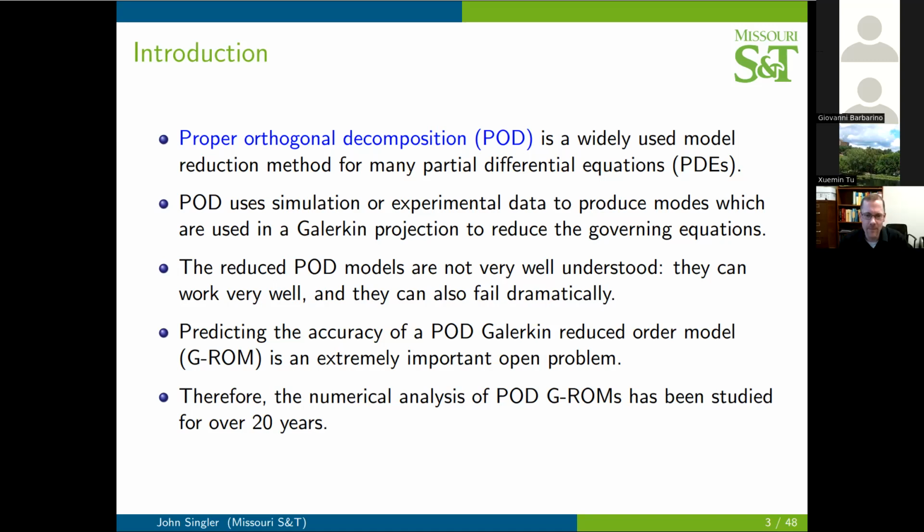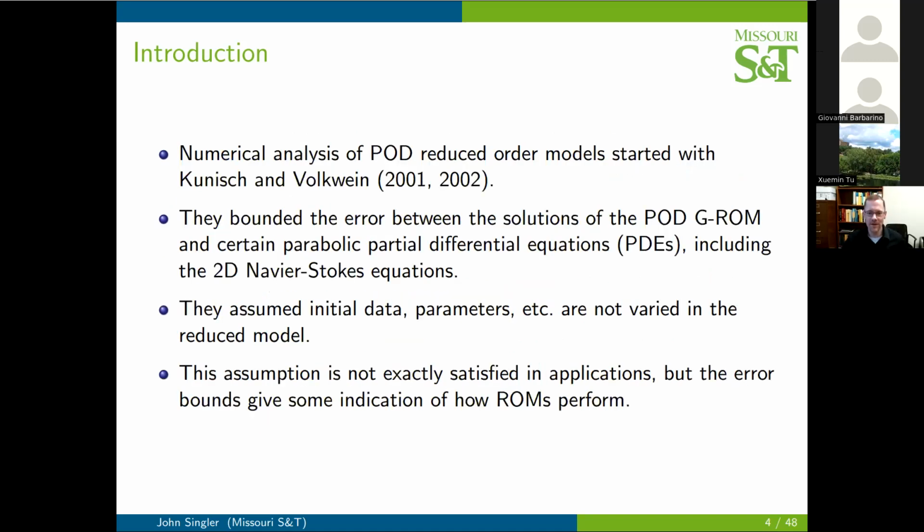But anyway, we can start with Kunisch and Volkwein's work, literally about 20 years ago. They looked at bounding the error between solutions of some parabolic PDEs, the Navier-Stokes equations, and the reduced order models.